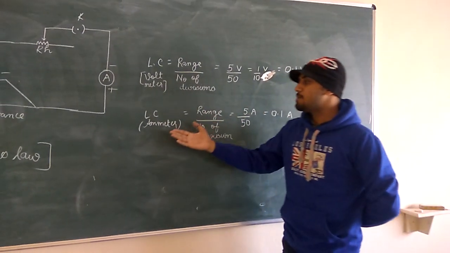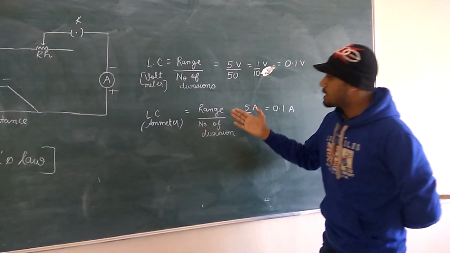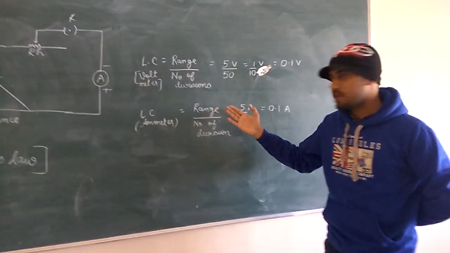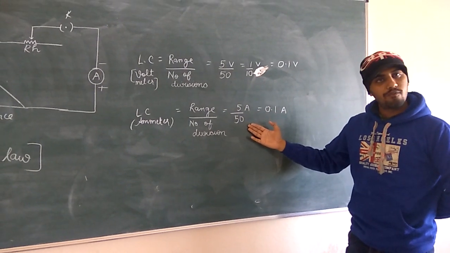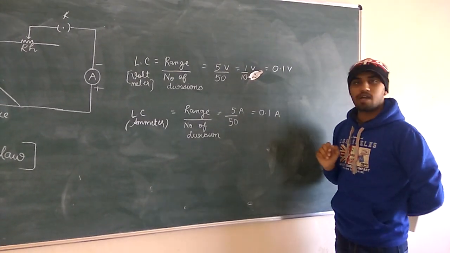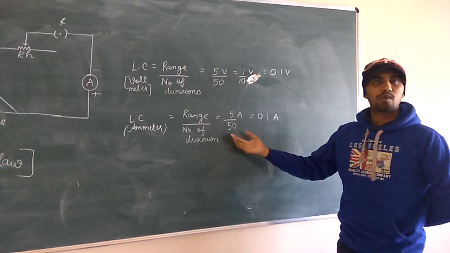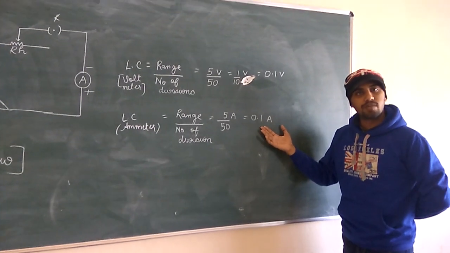On the same basis, we have found the least count of the ammeter with the same formula, range upon number of divisions: 5 ampere upon 50, because the maximum current to be measured is 5 ampere. Then it comes out to be 0.1 ampere.